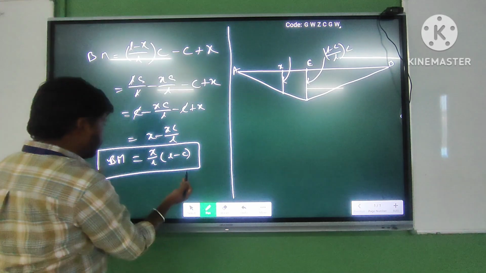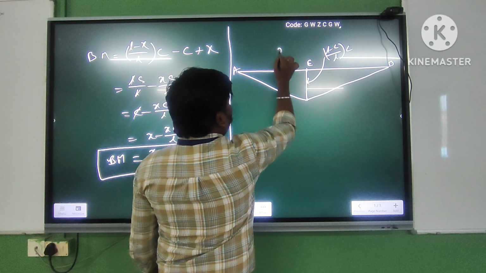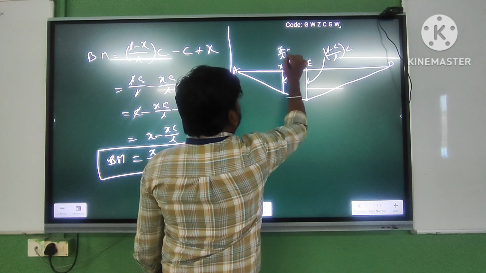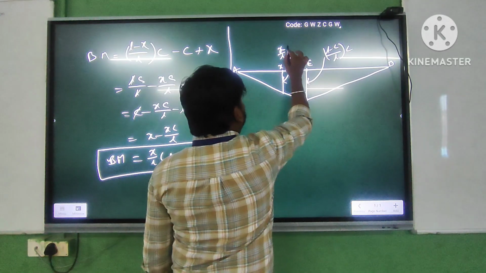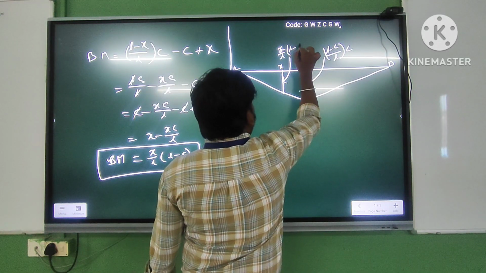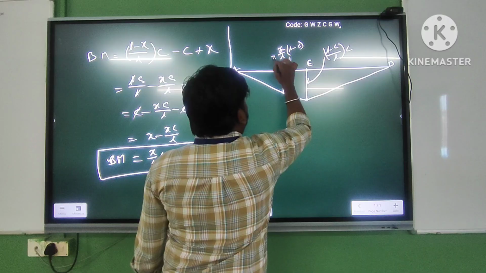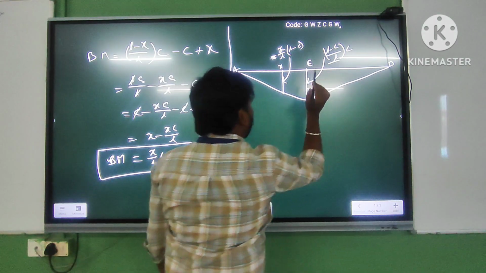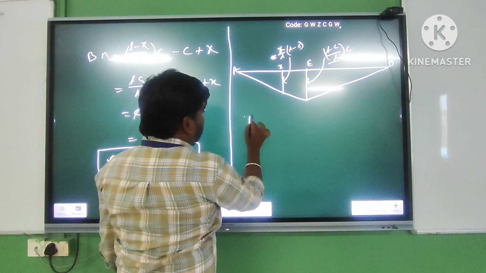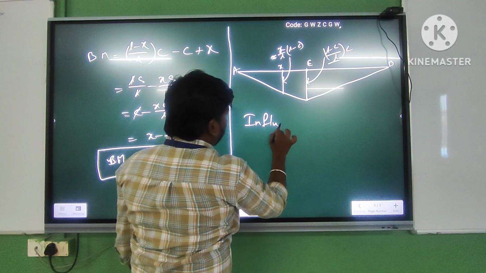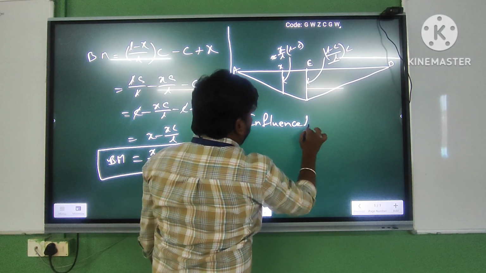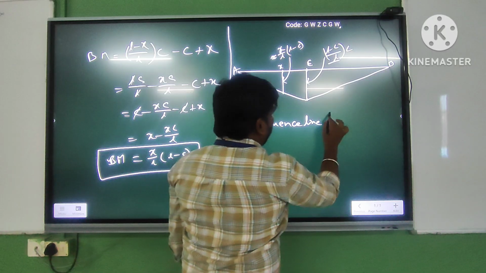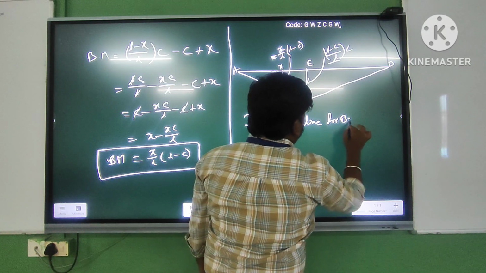It is x by L into L minus C. This is the bending moment at section X, and this is the bending moment at section E. This is the influence line for bending moment.